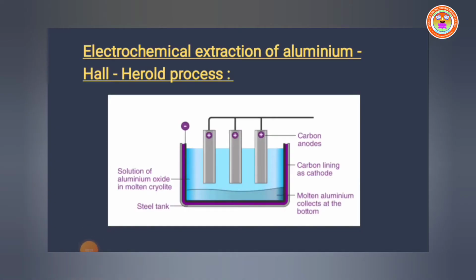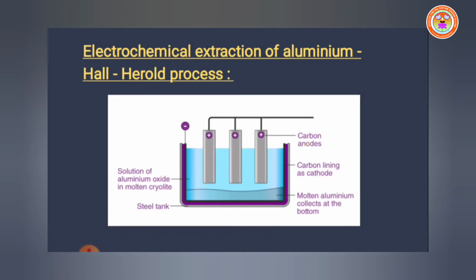Now we are going to see electrochemical extraction of aluminium by the Hall-Heroult process. Electrochemical extraction is one of the applications of electrolysis. The materials needed for electrolysis are electrodes, namely anode and cathode, and an electrolyte.